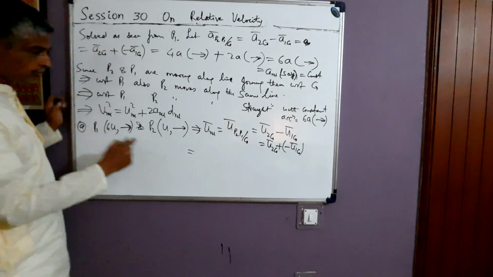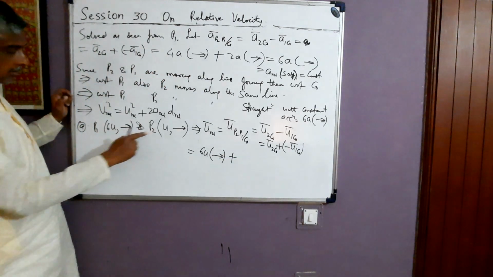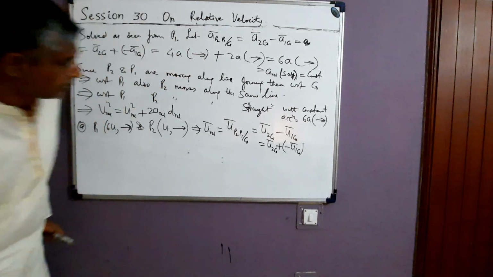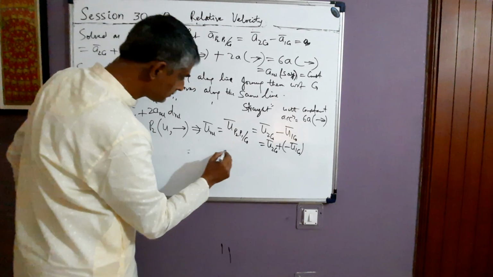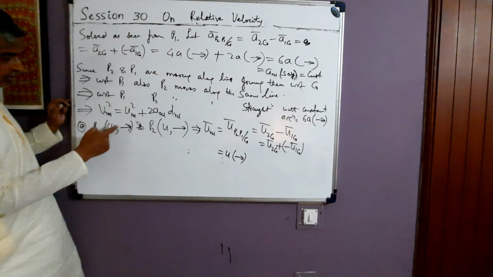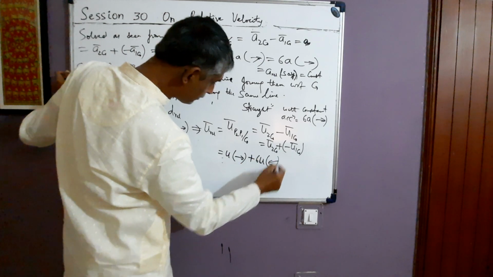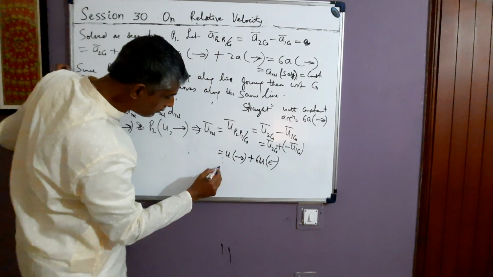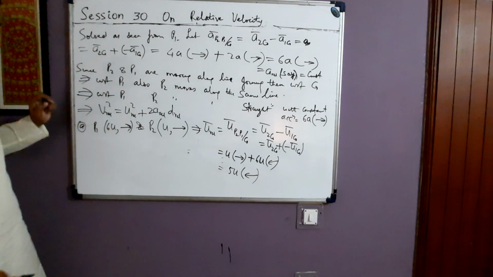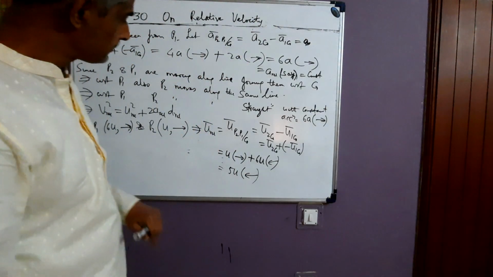Now u2g is u rightward, and u1g is 6u rightward. So minus u1g will be 6u leftward. So the vector sum of u right and 6u left, from the parallelogram law of vector addition, is 5u leftward.